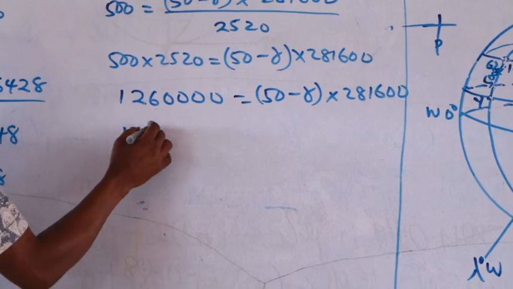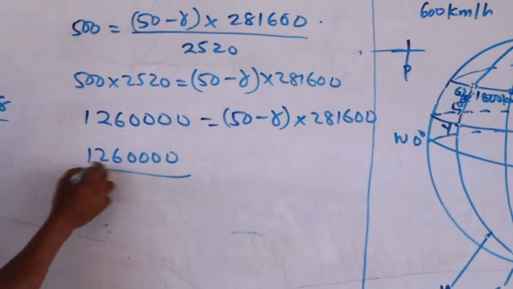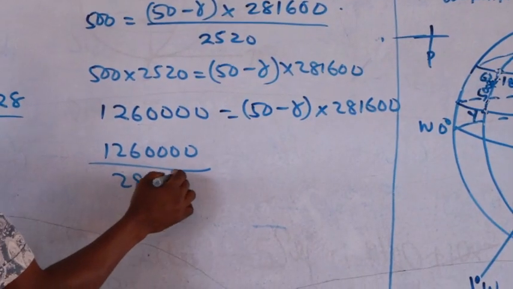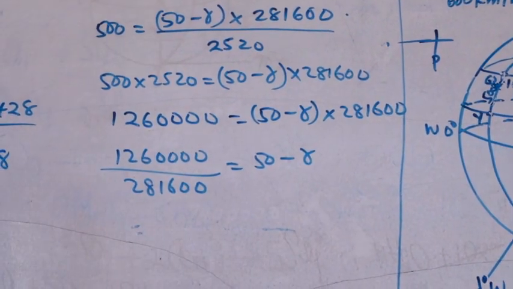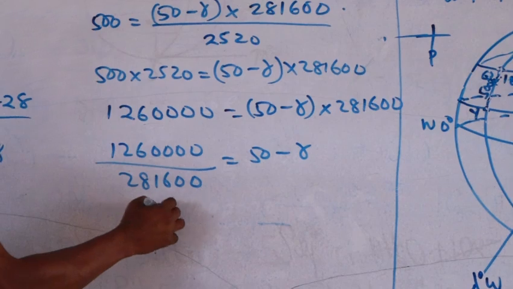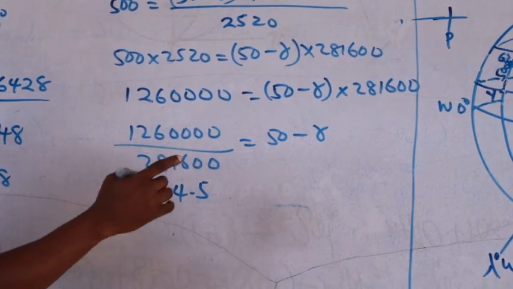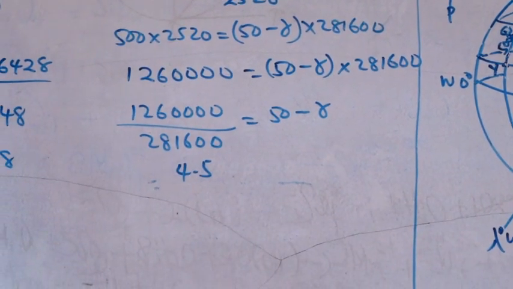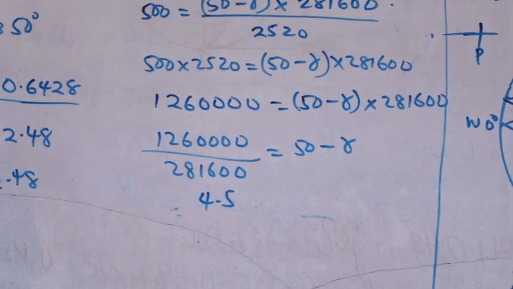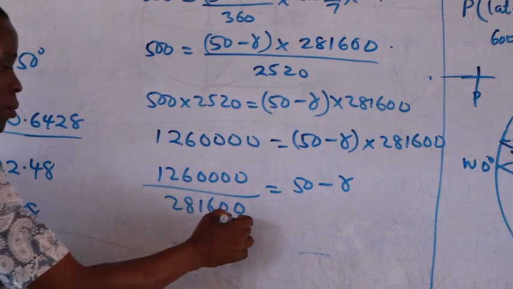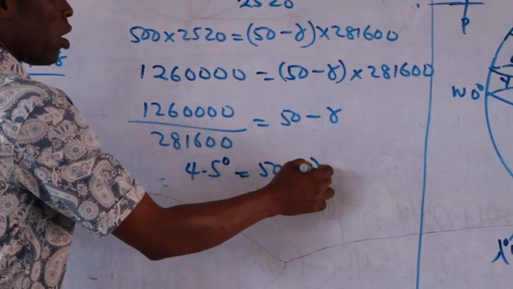Now we have 1,260,000 all over 281,600 is equals to 50 minus gamma. Now divide. 4.47, so 4.5 degree is equals to 50 minus gamma.